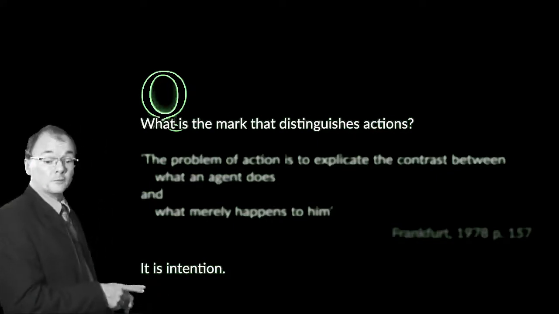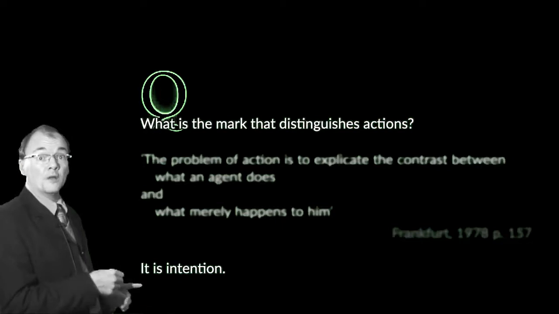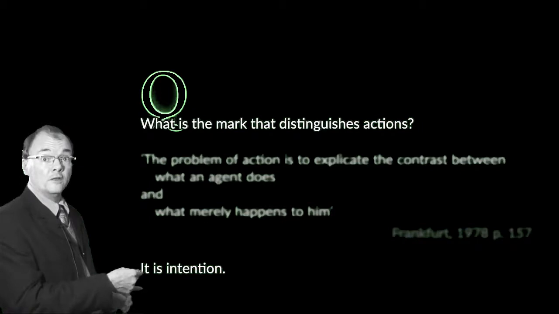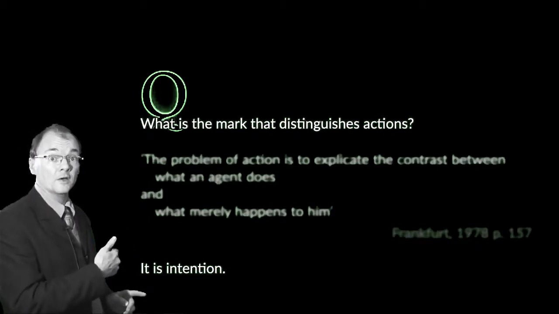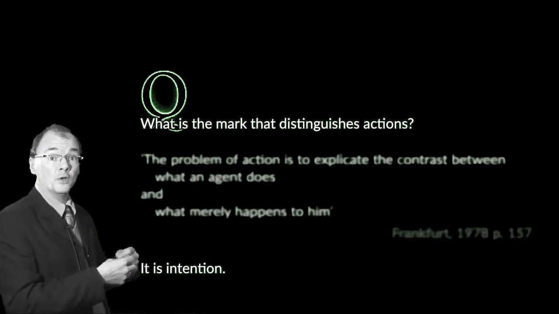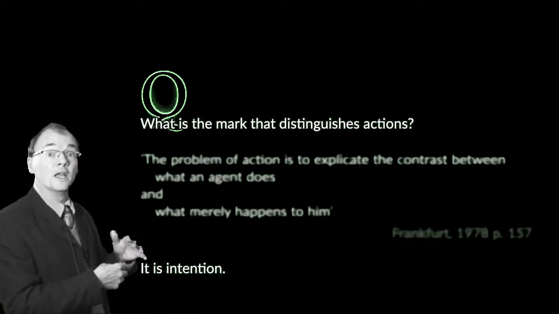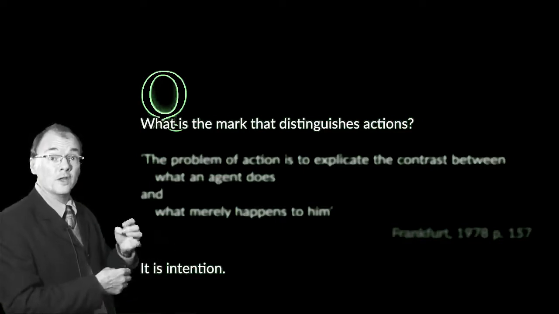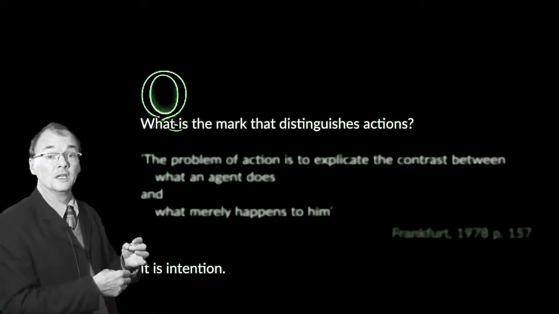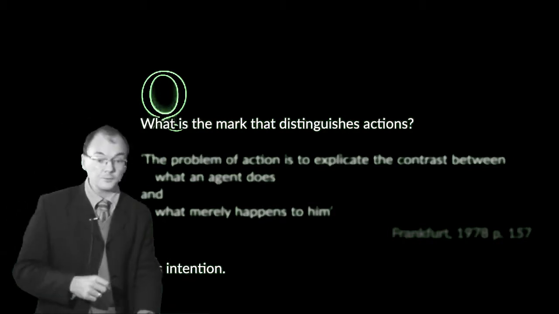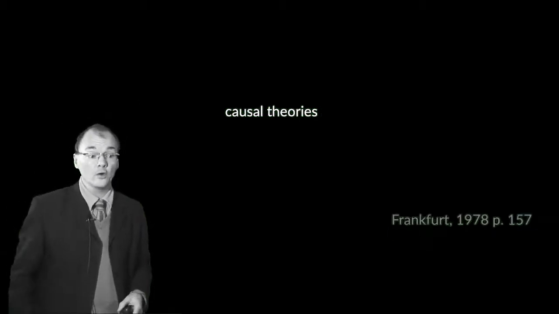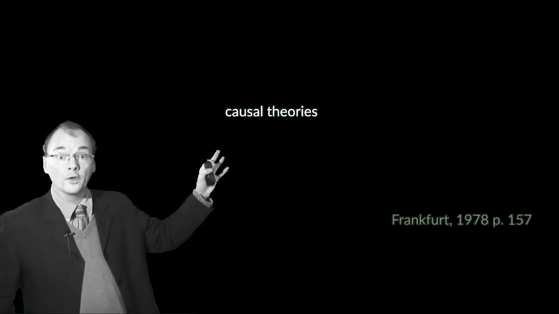The idea is this: the mark that distinguishes your actions is intention. Those events which are appropriately related to intentions that you have are actions, things that you do. Other things that happen in your life, the other events which make up your life, they merely happen to you. So it's the role of intention in causing the events that makes them actions. Now that, I'm saying, is the standard story, or as Frankfurt says, causal theory.